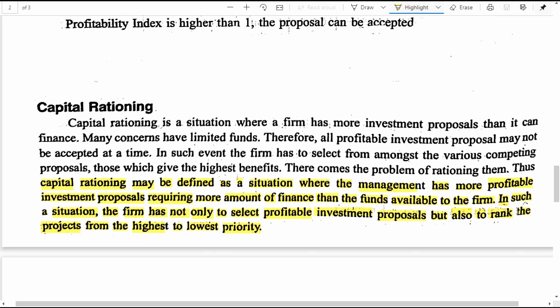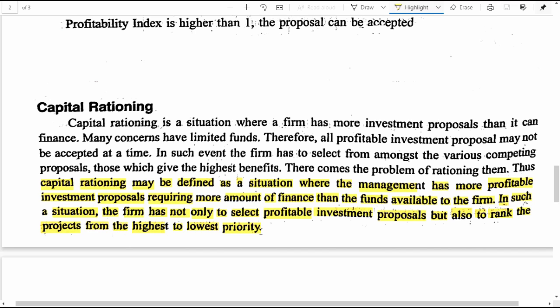And that's the issue. In such a situation, the firm has not only to select profitable investment proposals, but also to rank the projects from the highest to the lowest priority. In case there are 5 profitable projects available in front of a business enterprise, but it has funds to invest only in 3 projects, based on the capital budgeting technique you have used, you rank the projects based on their profitability, and now you can choose the projects with the first 3 ranks and make your investment.